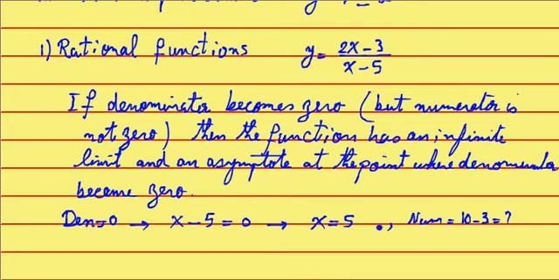So at x equal to 5, the limit of this function, let me call it f of x, as x approaches 5, well, first time around we can say it just doesn't exist. A little bit more specific than that is to say it's infinity. So first we say does not exist.